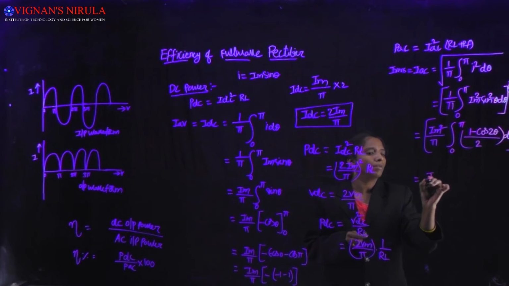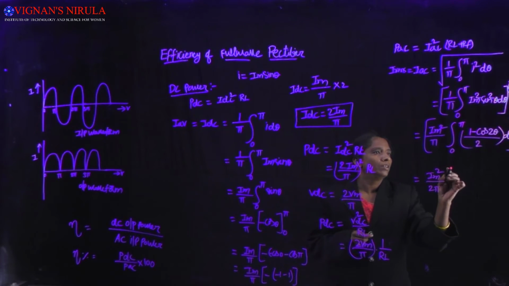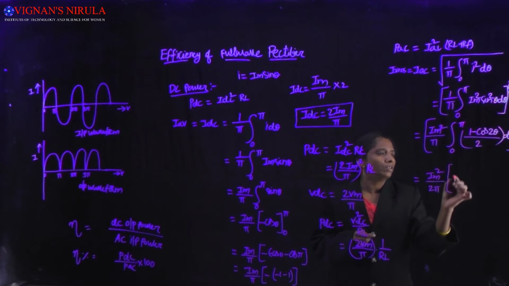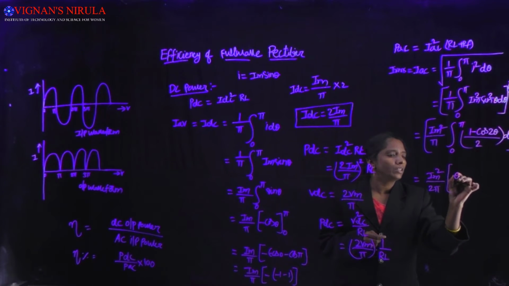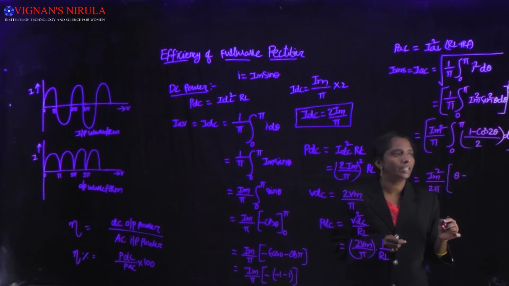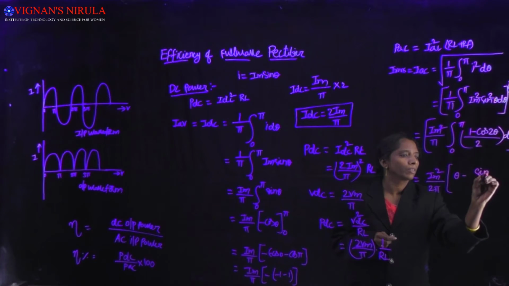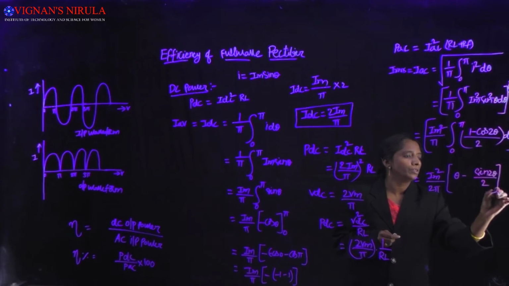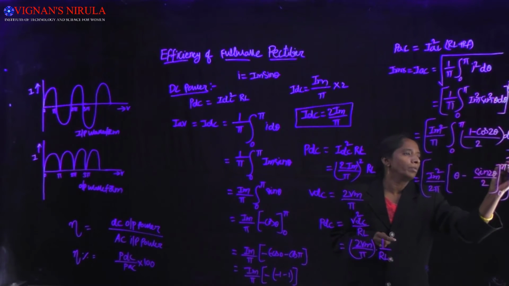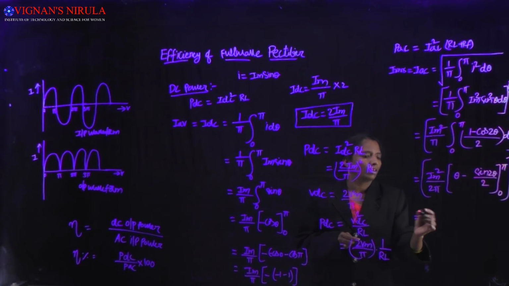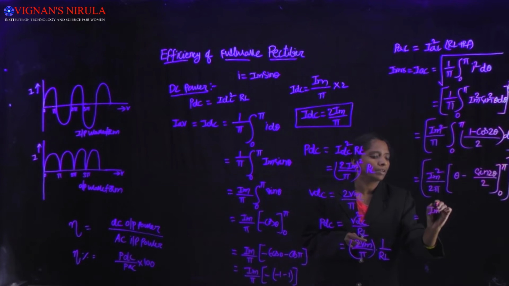Now Im square by 2 pi into theta minus, we know the integration of cos 2 theta is sin 2 theta divided by 2, from 0 to pi whole power 1 by 2. Now Im square by 2 pi.